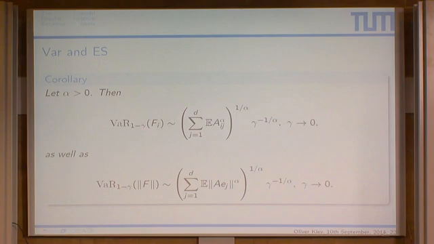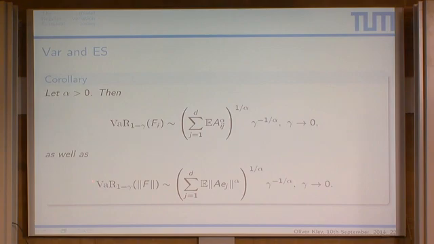So if gamma goes to 0, hence the value at risk level goes up, 90%, 95%, 99%, and so on, then it scales like gamma to the power of -1 over alpha with some constant, and the constant is determined by the network structure. And of course, if this term gets big, it surely makes a difference if you have here 1.5 or if you have here 4.5.